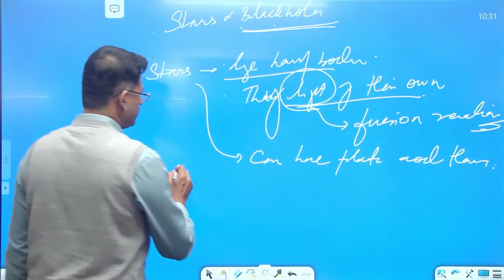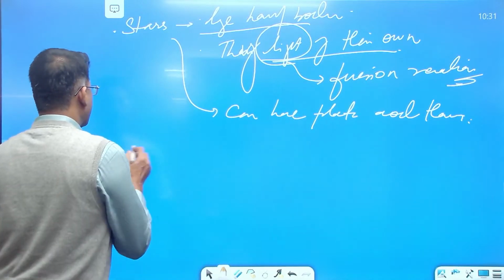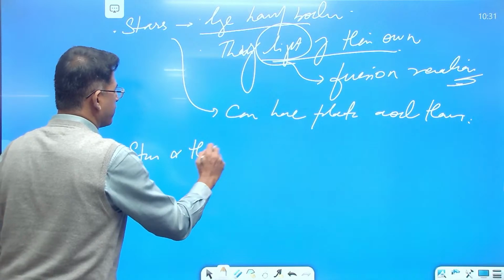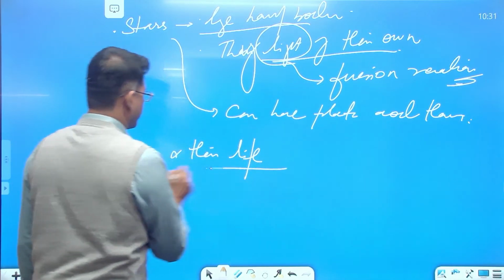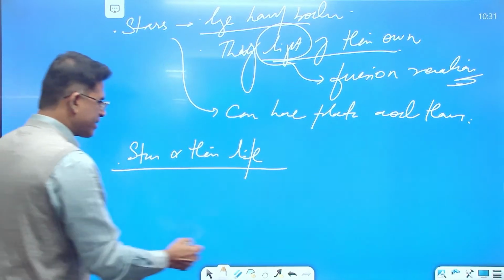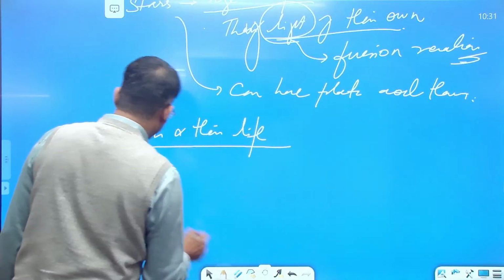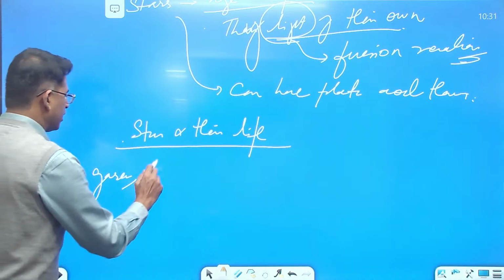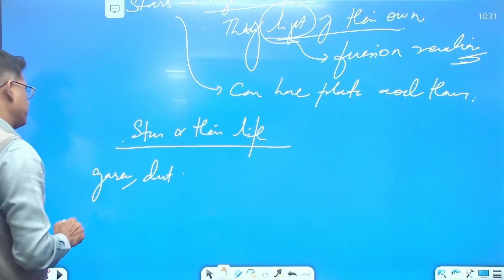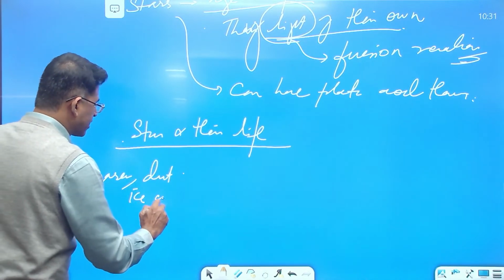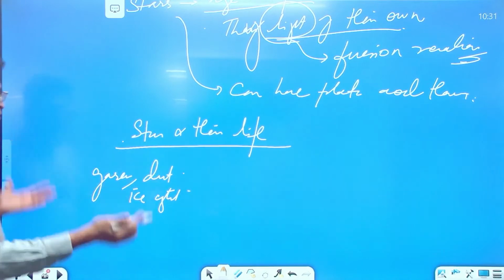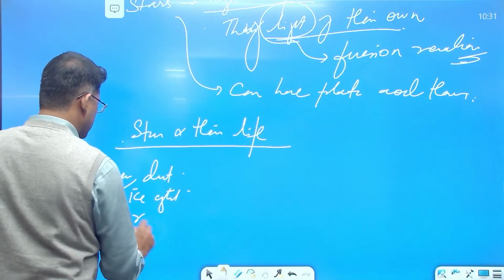Now, if you look at stars and their life, okay, so it starts with certain gases, dust particles, there are ice crystals, and there's some matter which you do not know. It's called the dark matter.